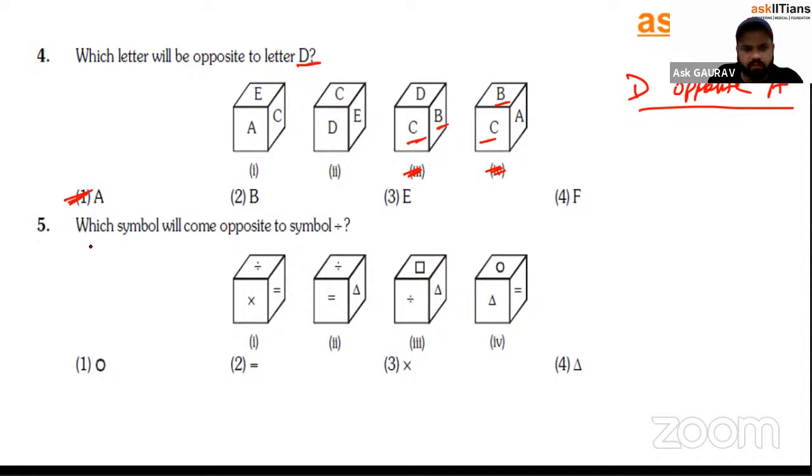Yes, Mridul. Okay, then answer question number 5. Which symbol will be opposite to the divide symbol? Tell me, which symbol will be opposite to divide?